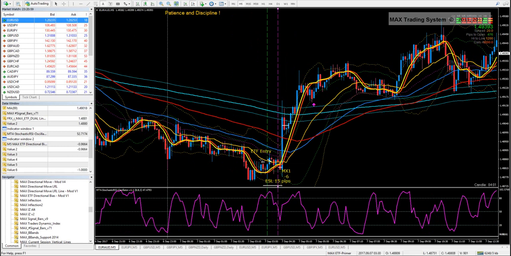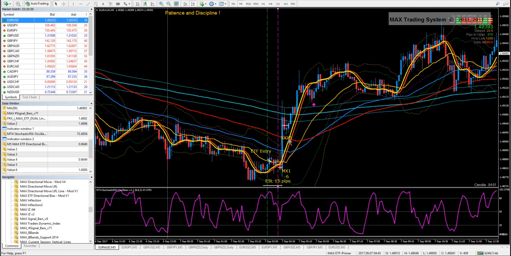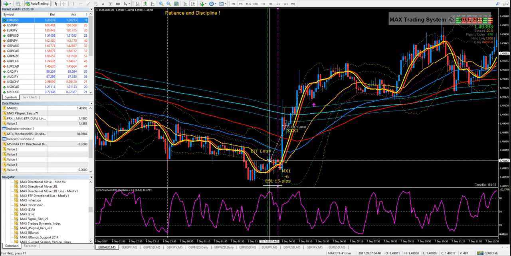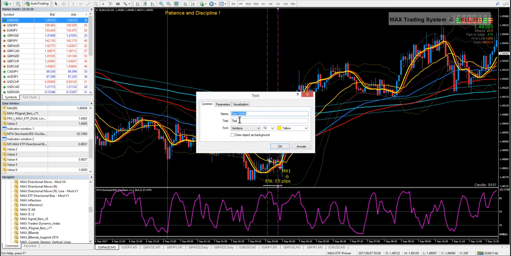So here, I would have made my final exit for that first trade. This second unit would have captured approximately 17 pips. We may have a slippage, so I like to minimize: 17 pips minus the spread of 3 pips, so 14 pips. So plus 14 pips.